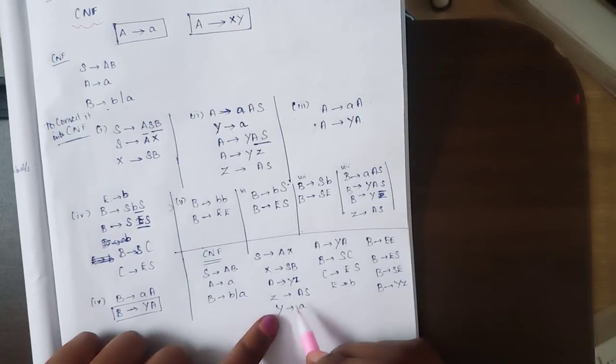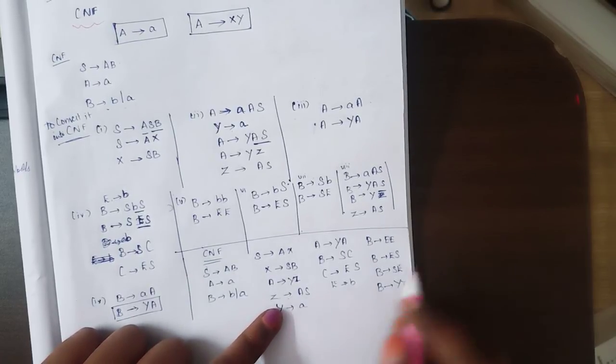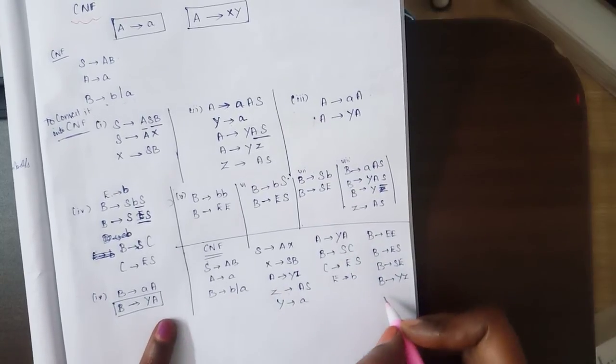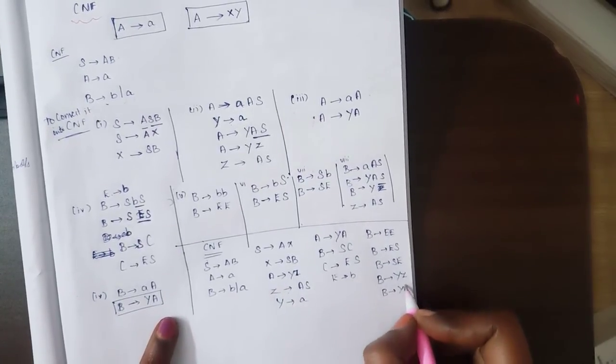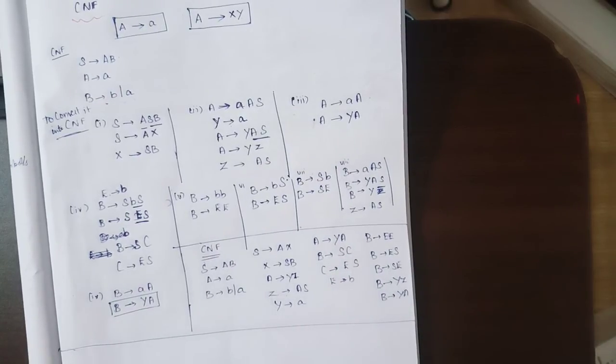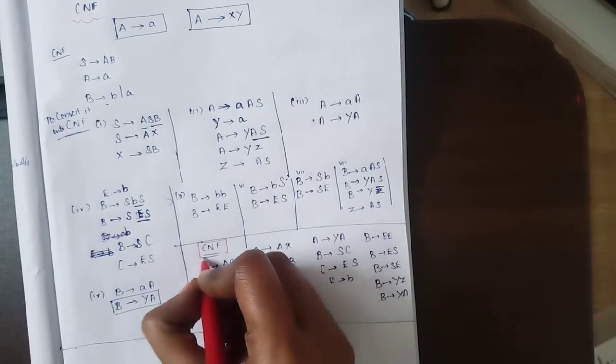So already Z tends to AS. Okay, leave this, already we have written this. After that finally we will have B tends to YA. So this is the final CNF production.